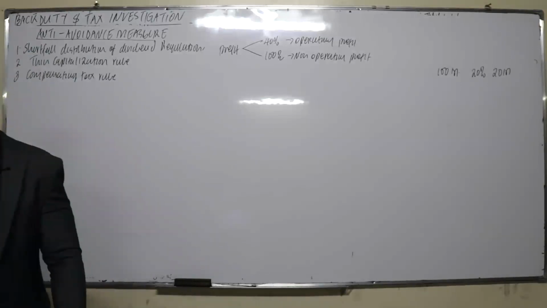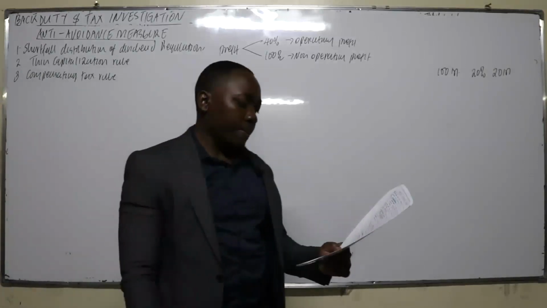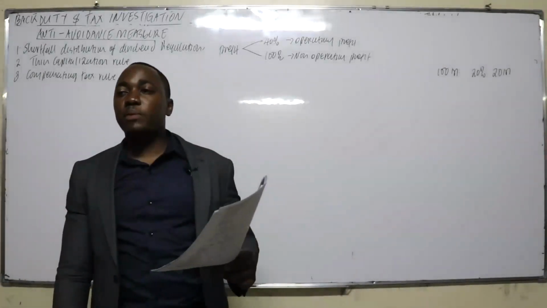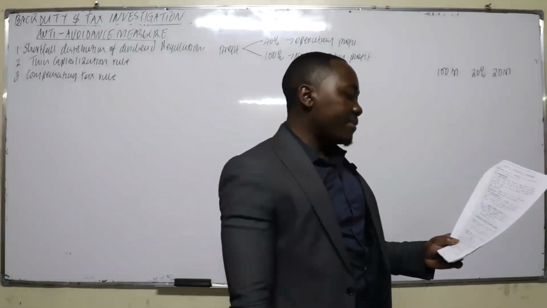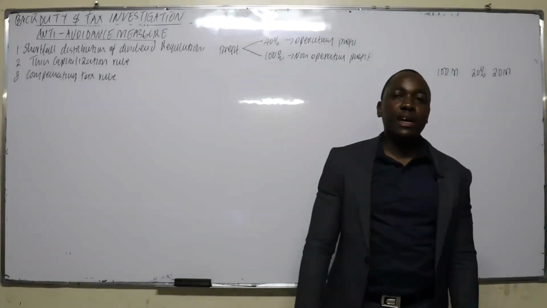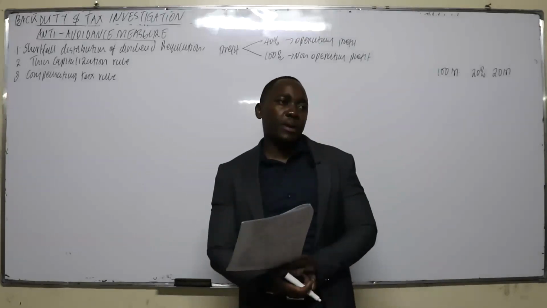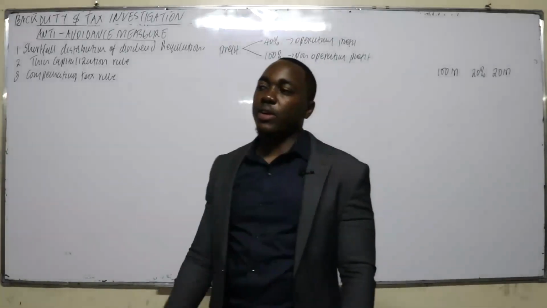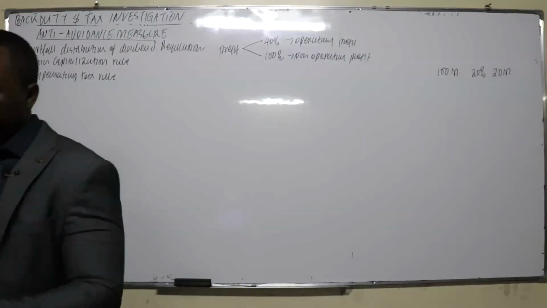Number one, if the company is undertaking a capital project. Number two, when the company is servicing a loan. But nowadays they don't consider that, because most companies have debt in the capital structure, in case it's a levered firm. So nowadays that one is not applicable.